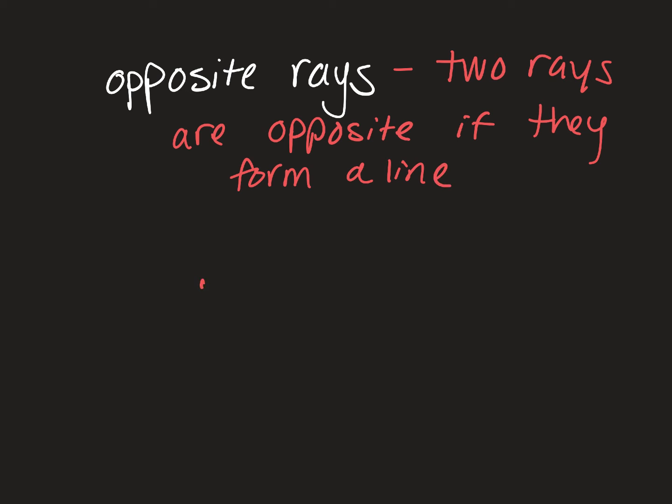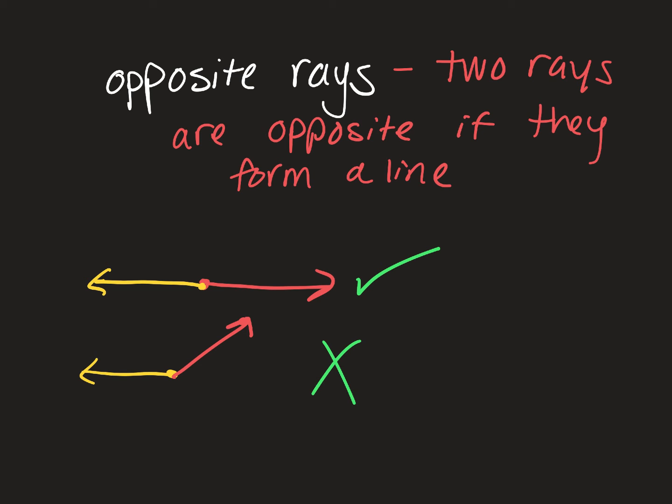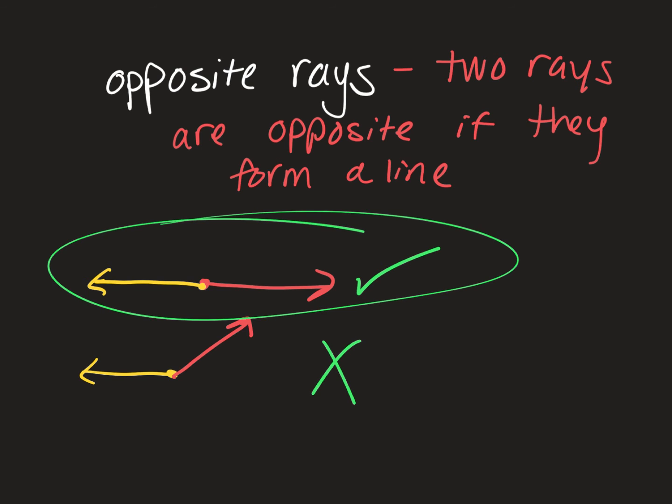Opposite rays would have to form a straight line. So, I have these two. If they were drawn like this, these would be considered opposite rays. This would not be, because they have to form a straight line.